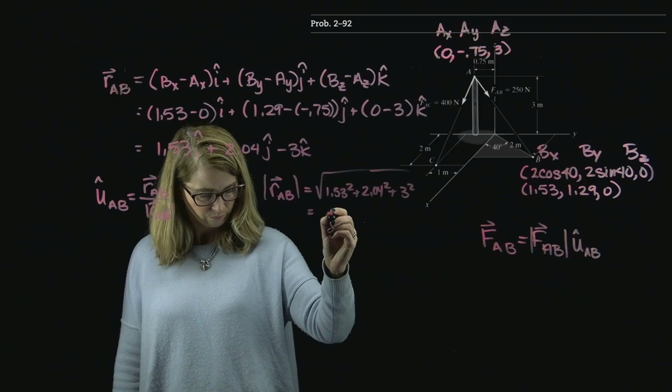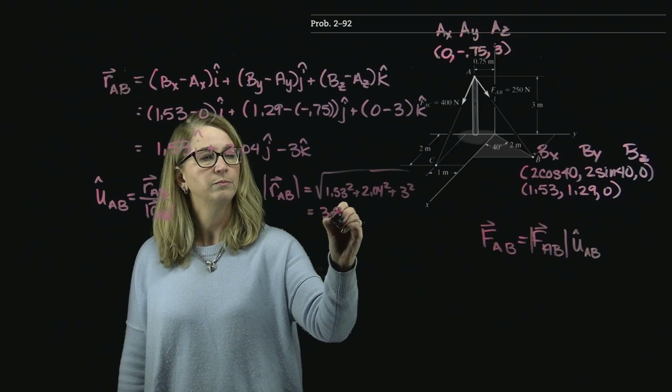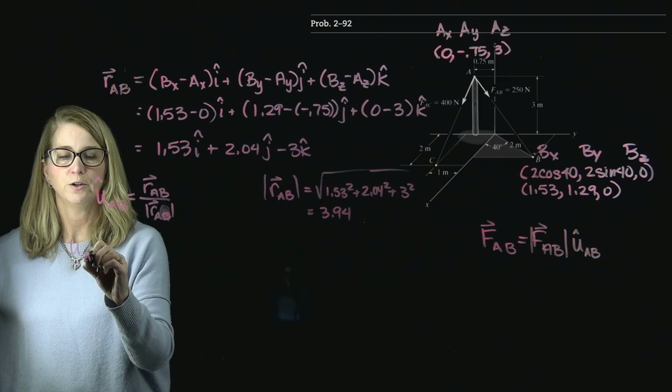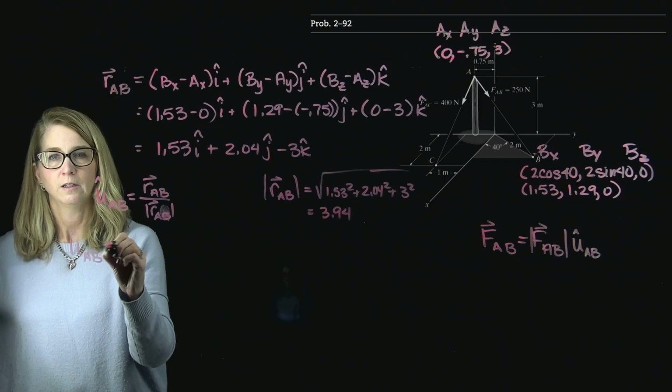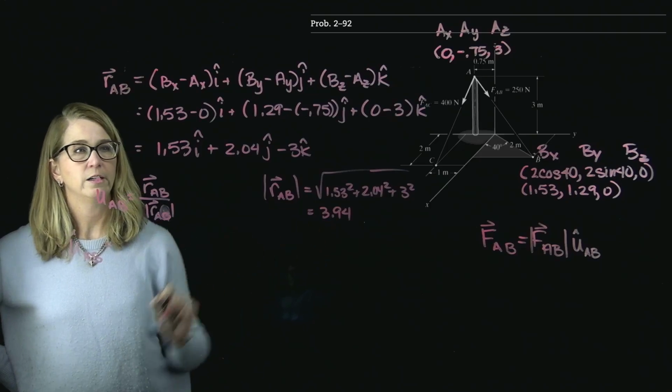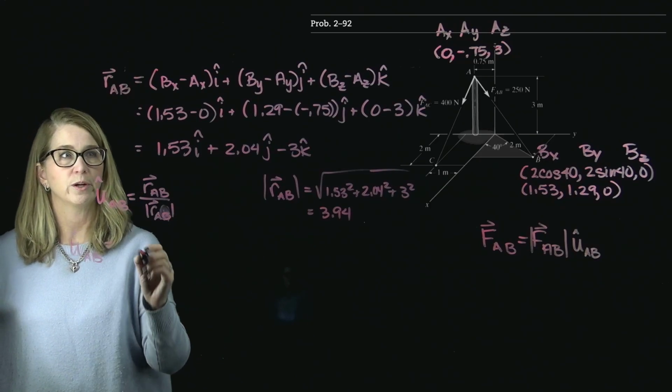and I got 3.94. And so the unit vector UAB is going to be found by taking this vector right here, dividing each term by the 3.94.